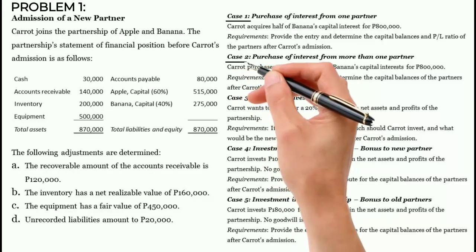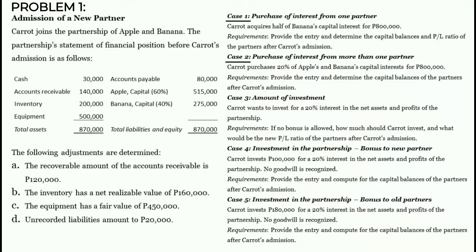Case 2. Purchase of interest from more than one partner. Carrot purchases 20% of Apple's and Banana's capital interests for 800,000 pesos. Requirements: provide the entry and determine the capital balances of the partners after Carrot's admission.